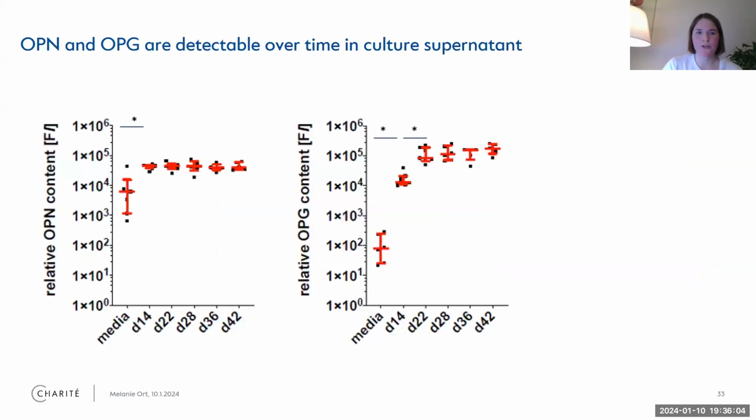And also looking at the microenvironment, the nice thing about the chip is that you can always take a little bit of supernatant and then do an ELISA or whatever when you do a media change anyway. And we could actually see in our cytokine array that we had OPN and OPG. Those are important peptides for bone formation, and they were actually there the whole time.